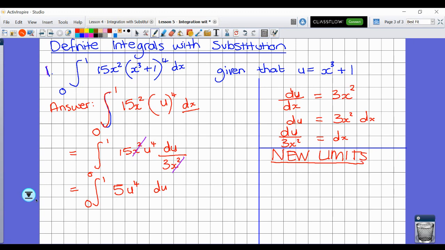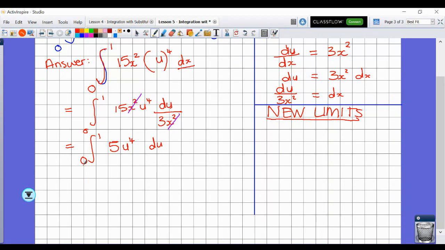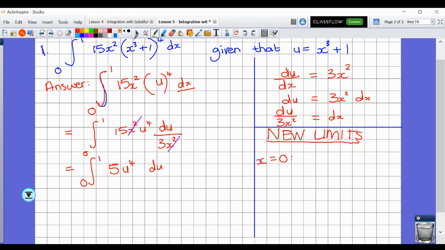Okay, let's deal with the lower limit first. So 0. Right now this is x equals 0, because it's an x limit. So if I go back up to the substitution that's given to me, I'll highlight it up here so you can see it, this is the part I'm going to be looking at.